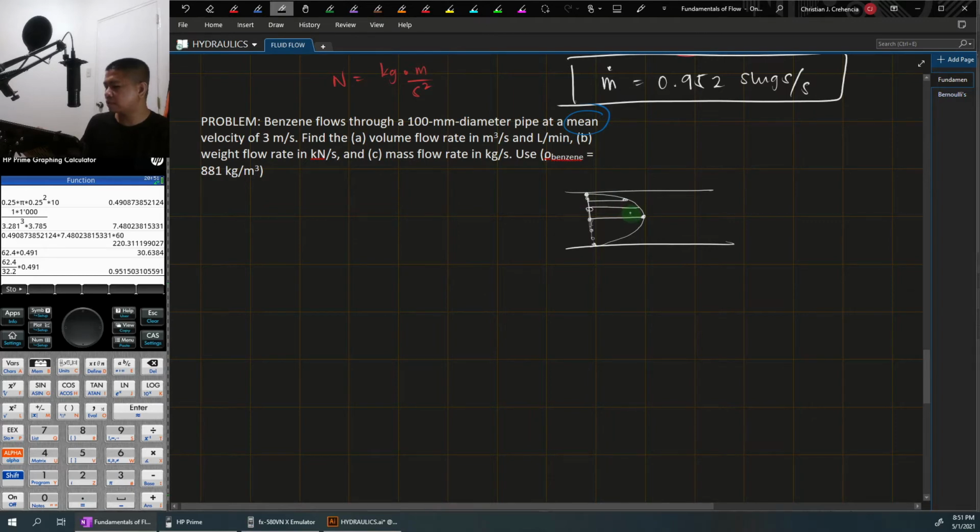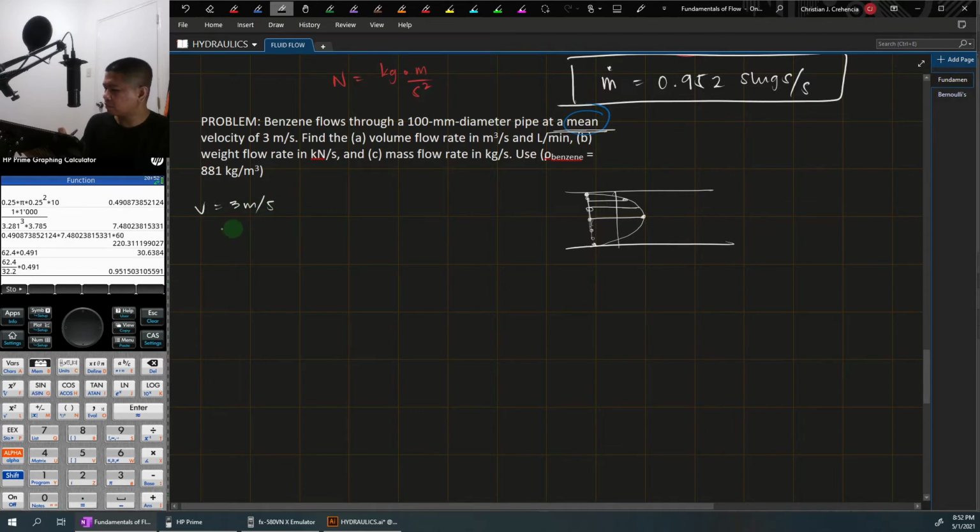Pero in actual, meron tayong friction dyan. So that's why yung mga particle natin na naka-attach dun sa wall has a velocity of 0. Okay? So kaya ang ginagamit natin sa solving karamihan is the mean velocity, yung average lang nitong lahat. So again, the velocity is 3 meter per second.